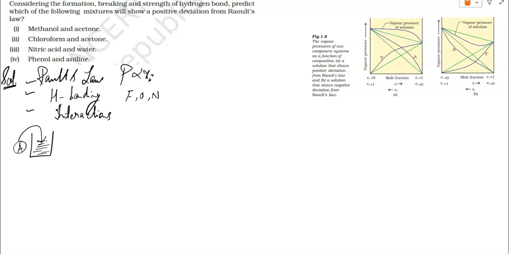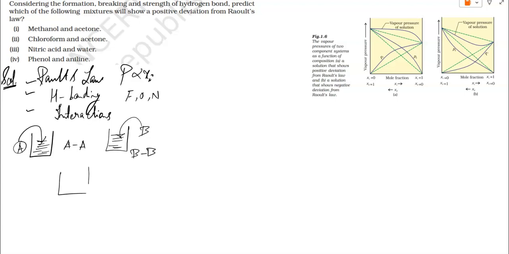Now when we talk about interactions, suppose we have component A in this beaker, then there will be AA kind of interactions that we can expect. Similarly, if we have the B component in this beaker, then the interactions between the molecules will be BB kind of interactions.